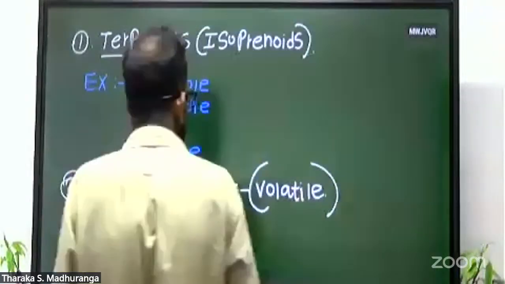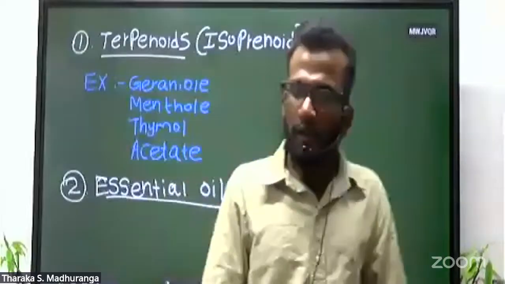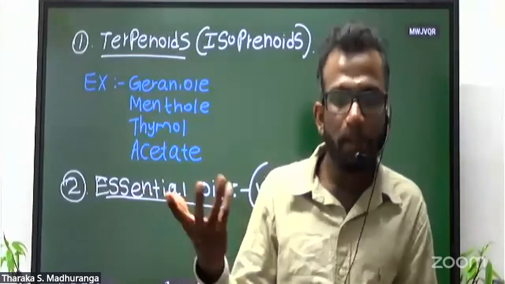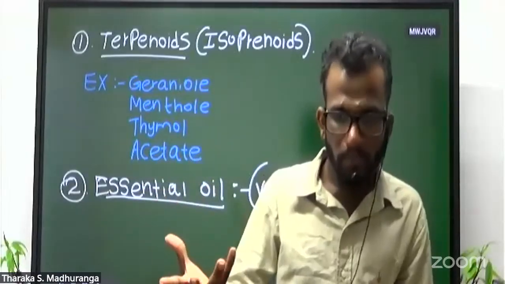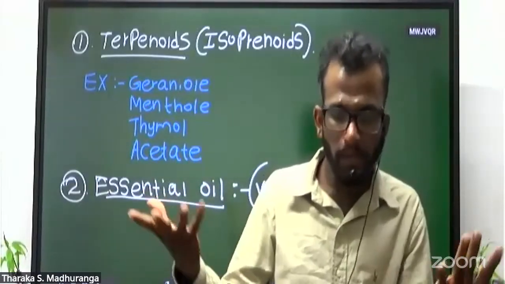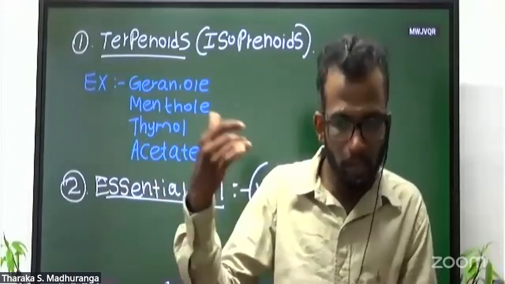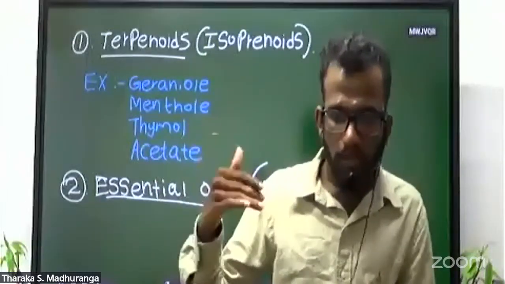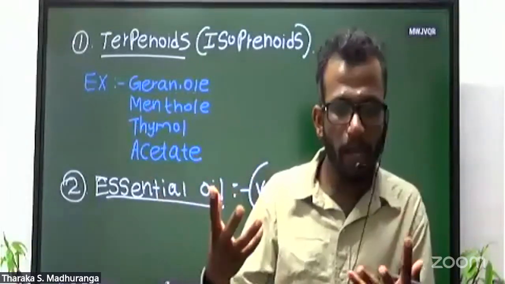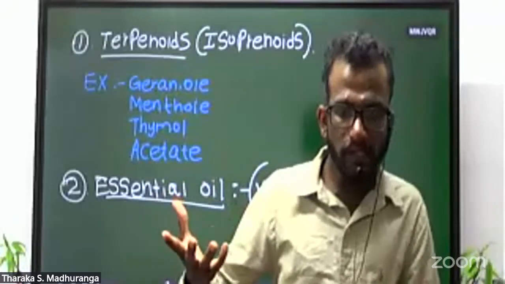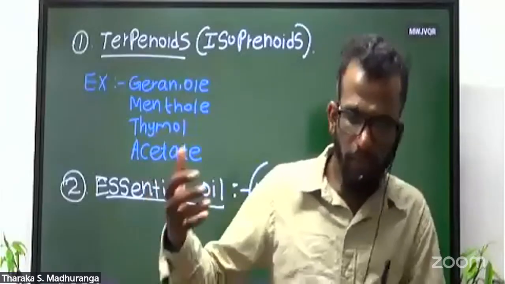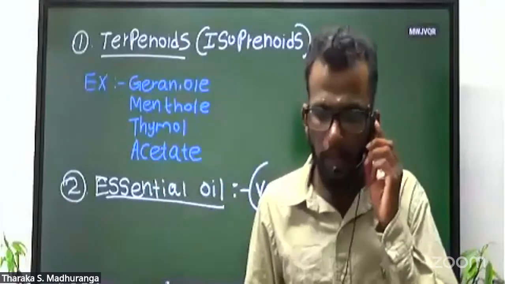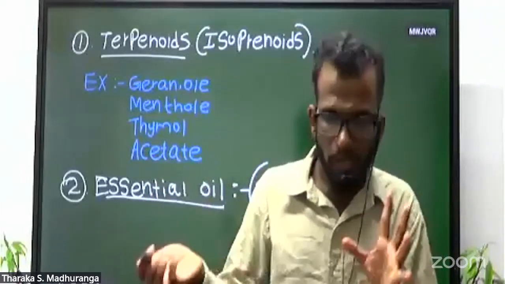The actual meaning is that volatile means easily evaporated, like petrol. If you keep some petrol in the environment, it evaporates, no? Easily evaporated. In the same way every essential oil easily evaporates. That's why it can be flammable, or it depends.